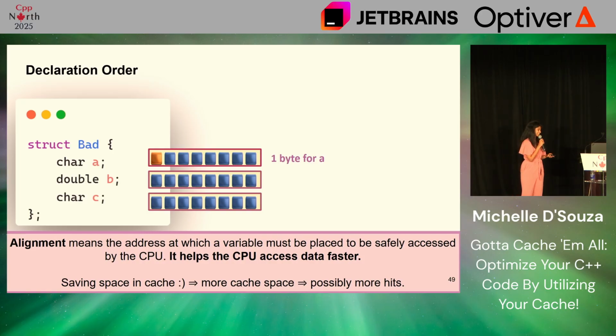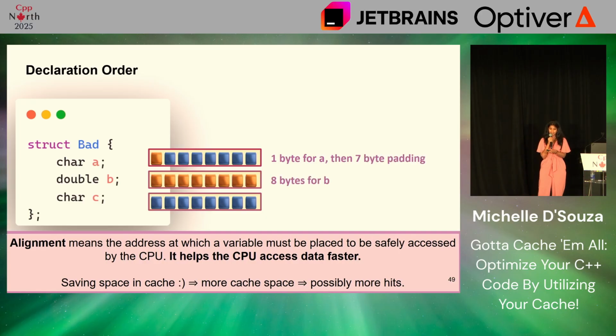So it's going to automatically leave a bit of space or padding. And it's 7 bytes in this case, and then we're going to start on that 8th byte. And for character C, the alignment is 1. So it just starts right after the double.